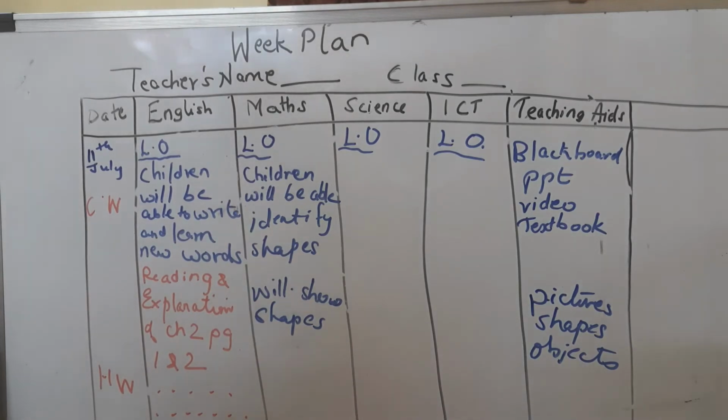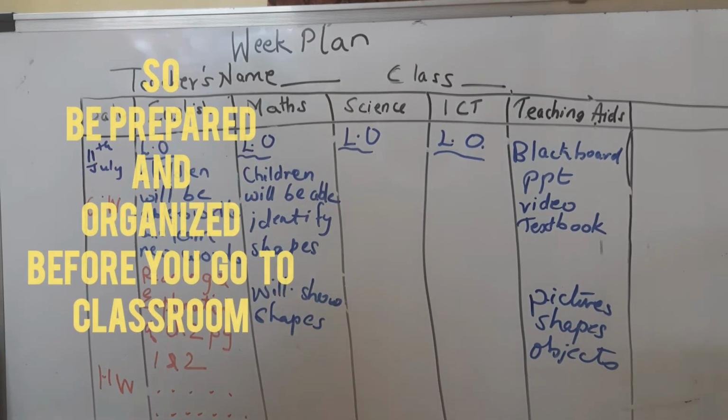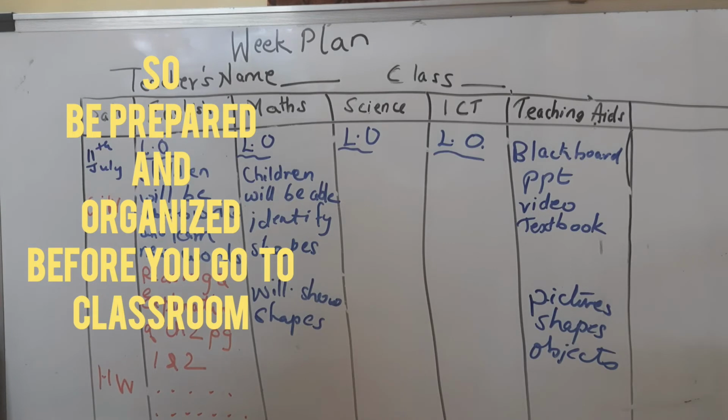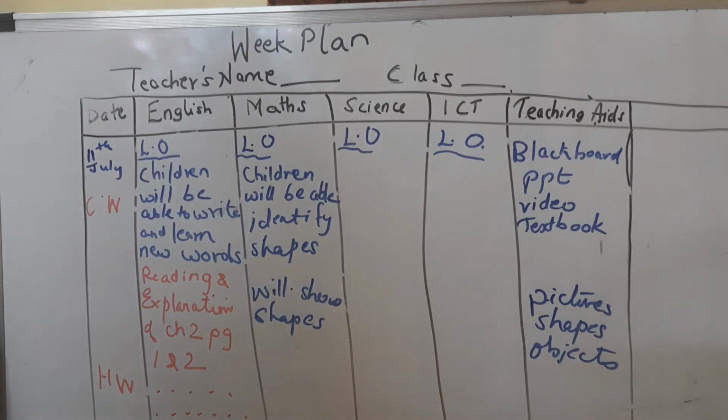So weekly planning helps you basically to get organized, be ready, and to get enough of your resources to be ready and organized before you enter your classroom. So you know how to do your lesson reflection after the lesson is done.